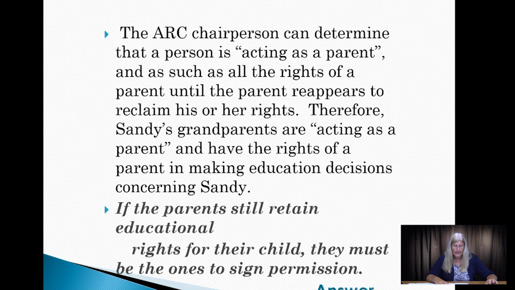Therefore, Sandy's grandparents are acting as a parent and have the rights of the parent in making educational decisions concerning Sandy.